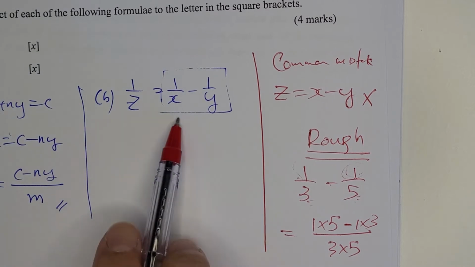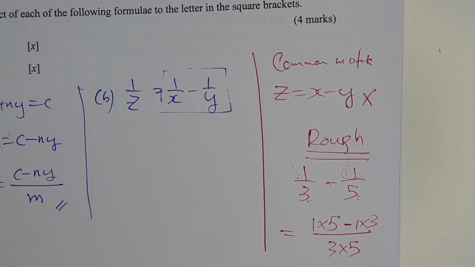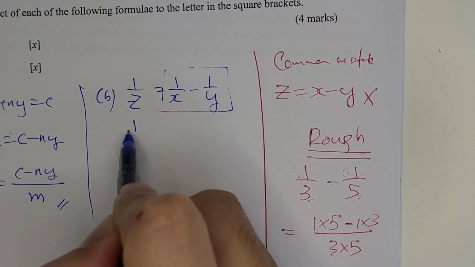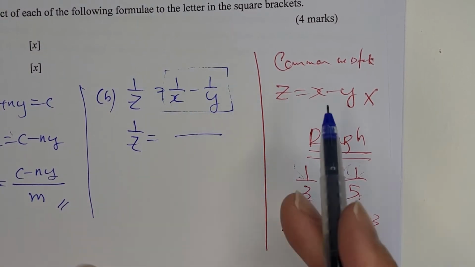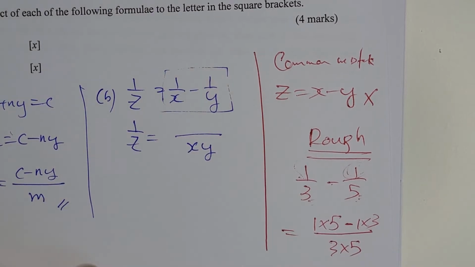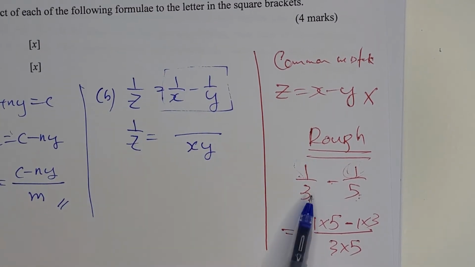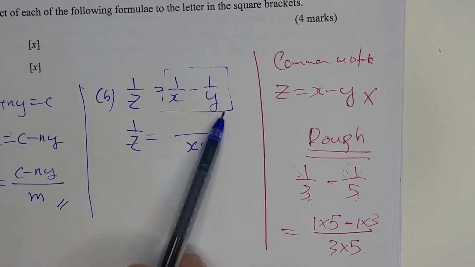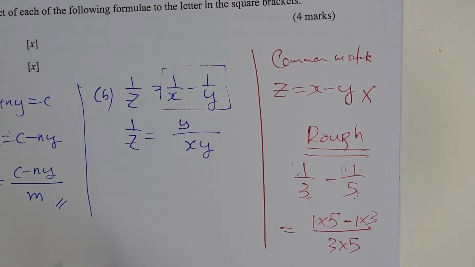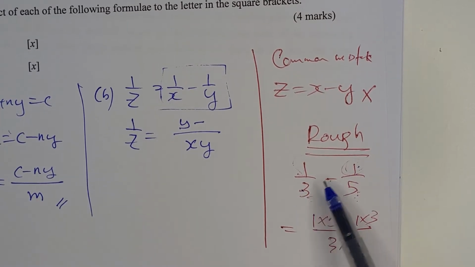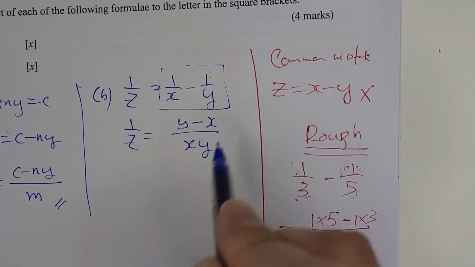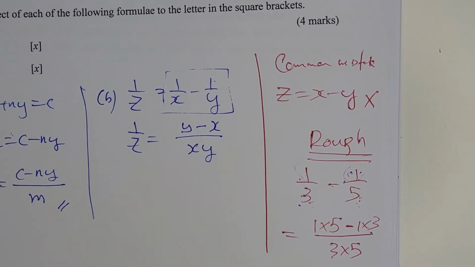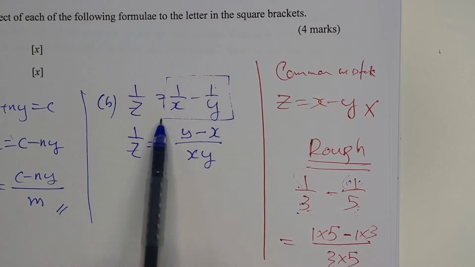We are doing the same thing in this case. 1 over z equals the LCM of x and y, just xy, and the first numerator, just like here 1 times 5, so 1 times y, minus, for the second numerator there is 1 times 3 here. So you are doing the same thing here, 1 times x. So that's the first step you can do to simplify these two fractions into one.